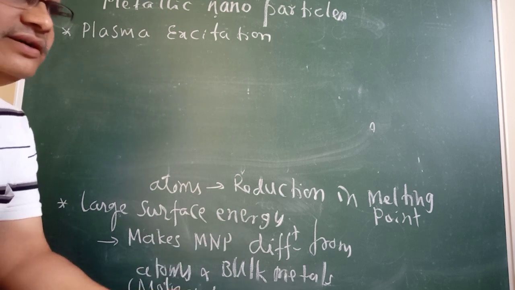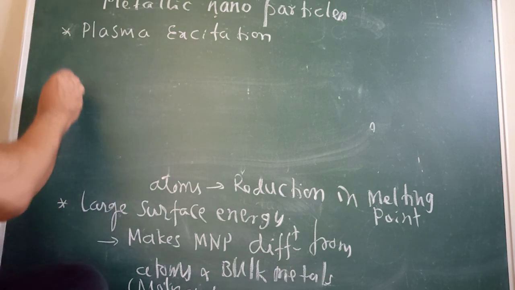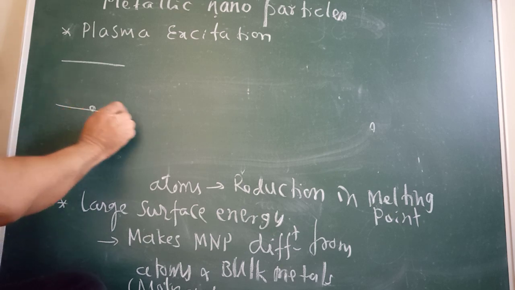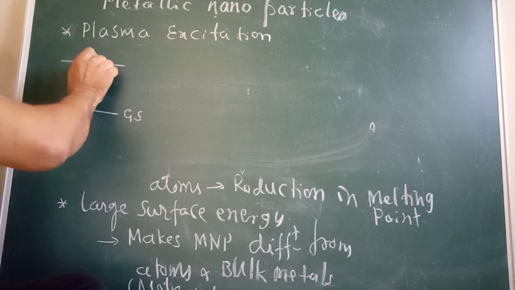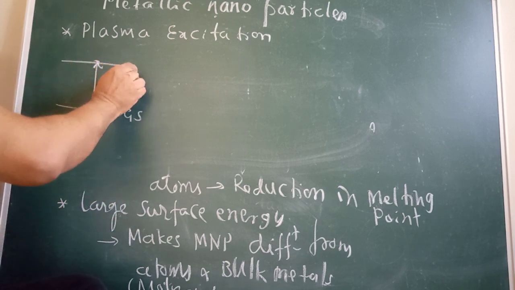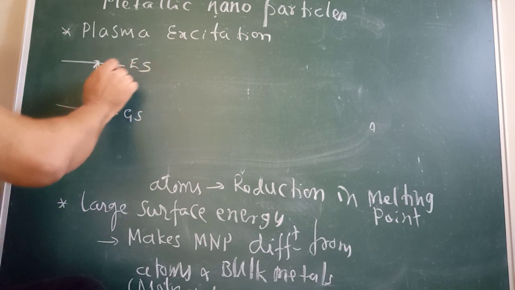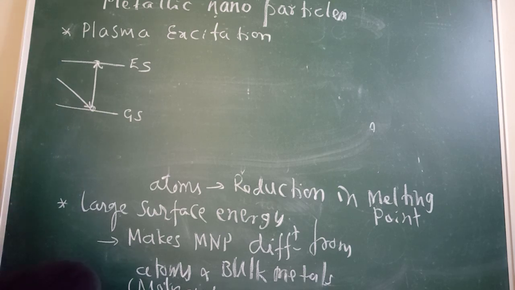For example, in case of two energy levels, the electron in the ground state is excited to the upper energy state. This is what we call an excited state, by the application of energy.